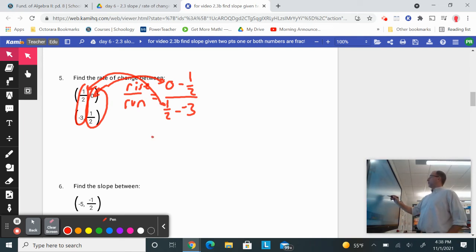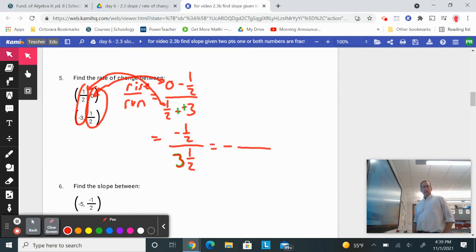Now you need the subtraction. 0 minus 1/2 is negative 1/2. 1/2 minus negative 3 is the same as adding positive 3, which would give me 3 1/2. Now, negative divided by positive, I know I'm going to get a negative slope. And now I have to simplify the 1/2 over 3 1/2.